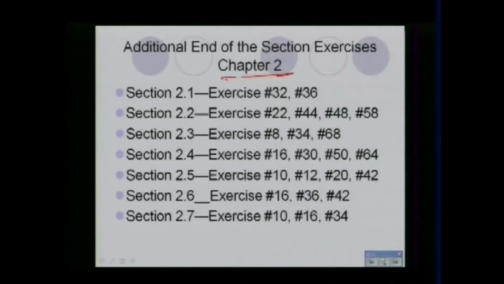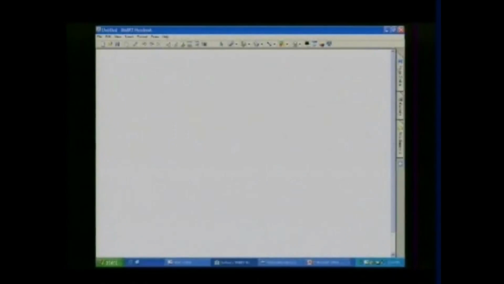Some of them would be application. And again, the idea is to help you understand the material better. So let's move to section 2.1, exercise number 32.